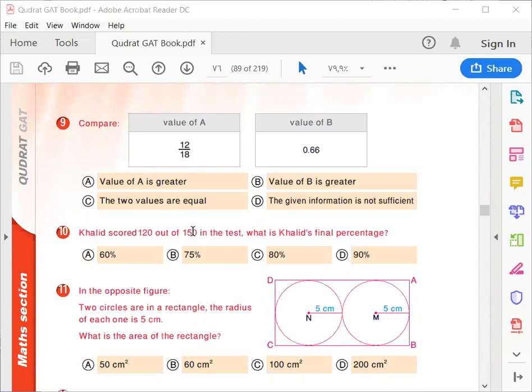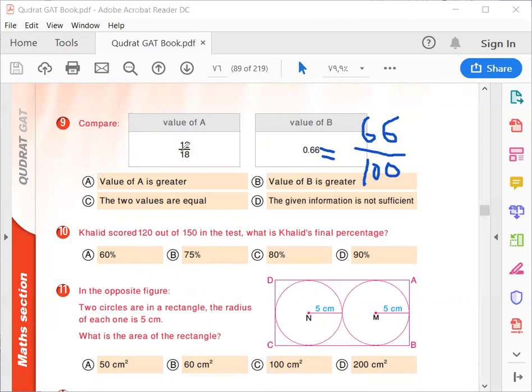Who is greater? We can compare it. You can transfer here to fraction. You put it 66 over 100. You can multiply it by cross, or you can simplify it, right?